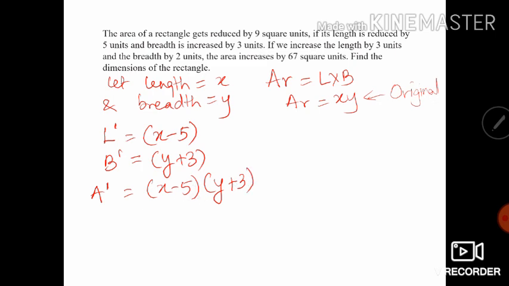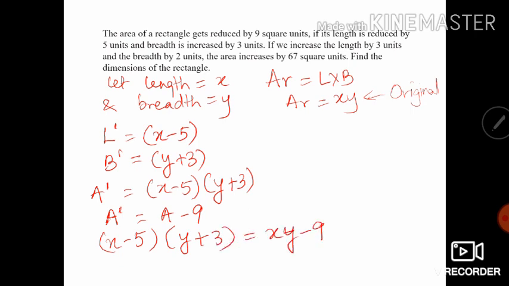Then the area reduces by 9. If we do these changes to the length and the breadth, then the area reduces by 9. So the new area is 9 less than the original. So x minus 5 into y plus 3 should be equal to xy minus 9.